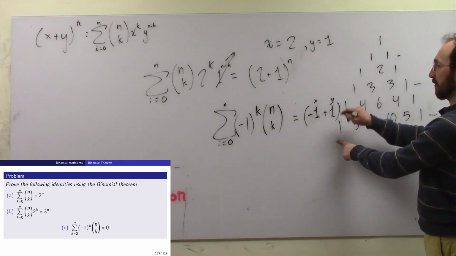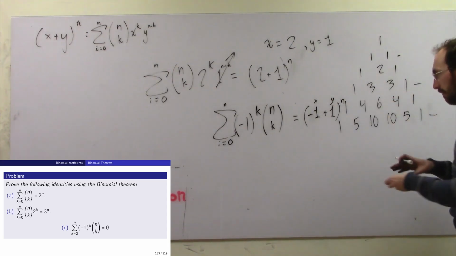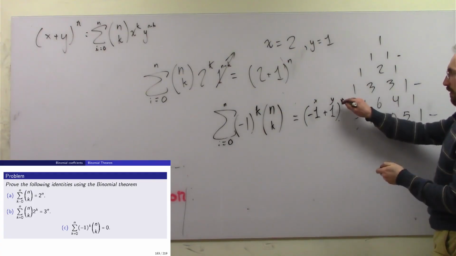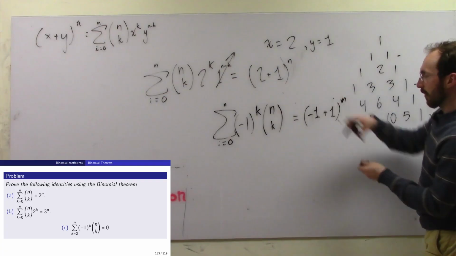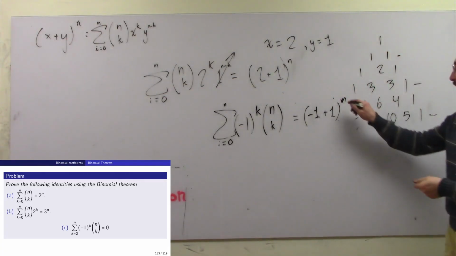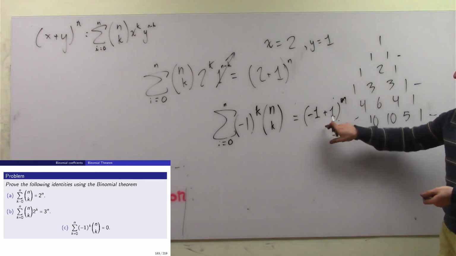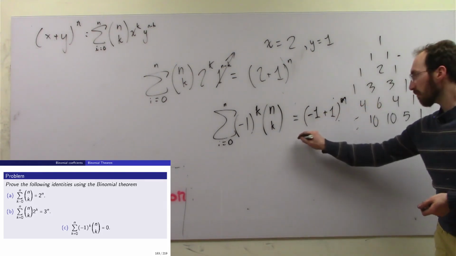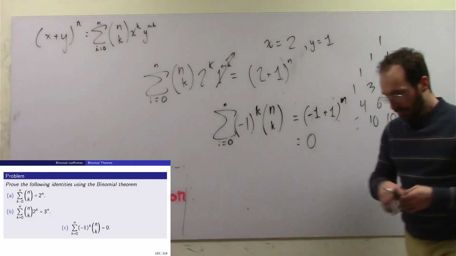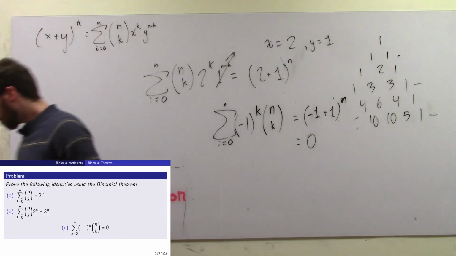And then raise that to the nth power. This whole thing is going to be equal to this by the binomial theorem, but minus 1 plus 1 is just 0. So we get exactly what we want here.